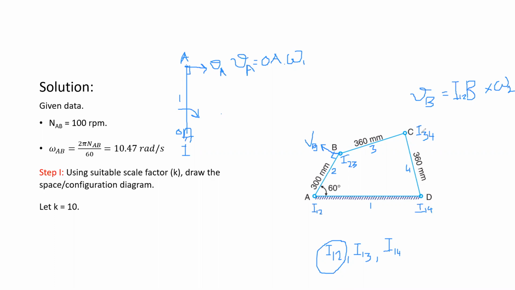Now where will be the direction of velocity of point C? Perpendicular to the link CD. Because what is the radius for C? See, don't get confused. Point C is on link CD. Okay. What is the ICR for link CD?